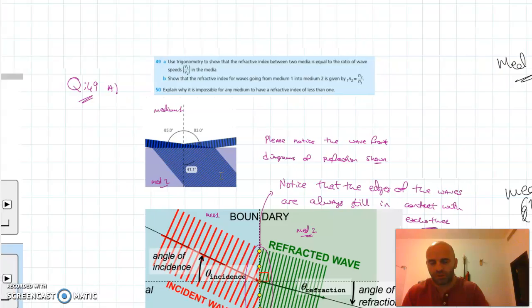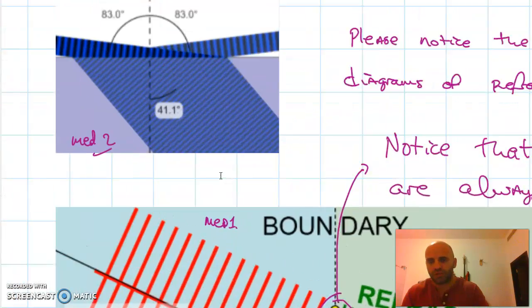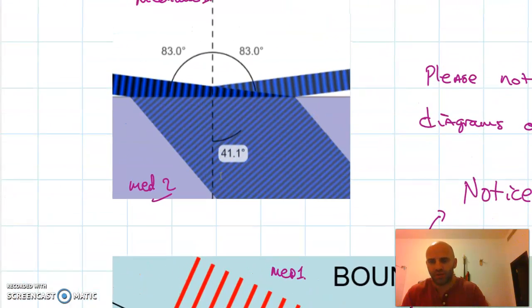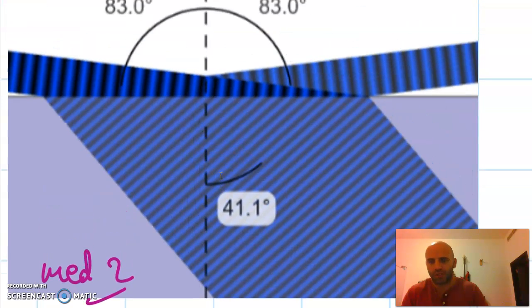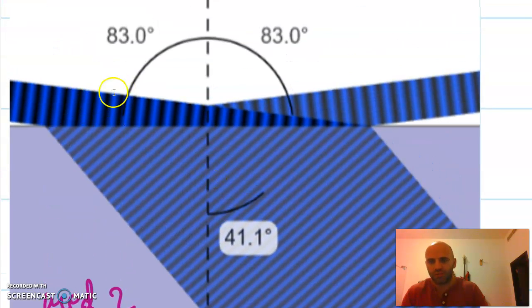Okay, so just before I get going there, I have two different screenshots of the wave, just to really highlight that point. As the wave moves through the air above here, the wave fronts here never lose contact with the wave fronts here. They're always in contact as they move along, okay?